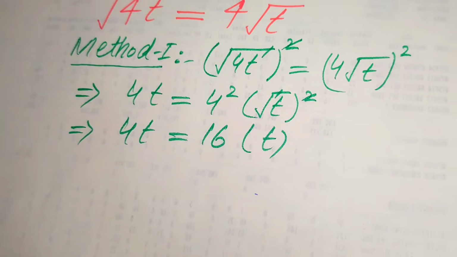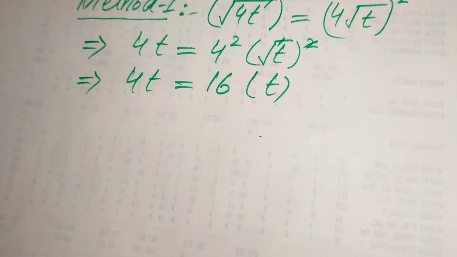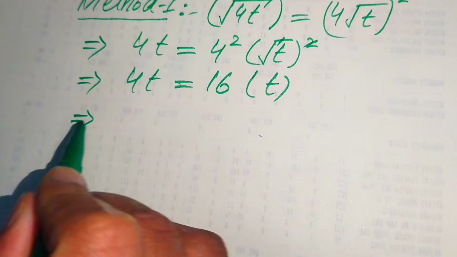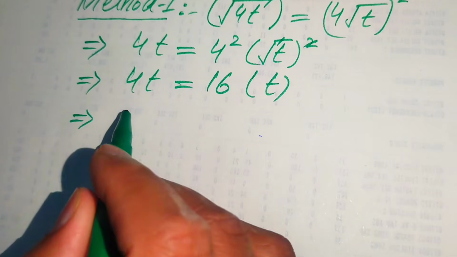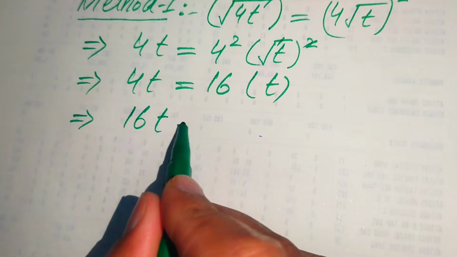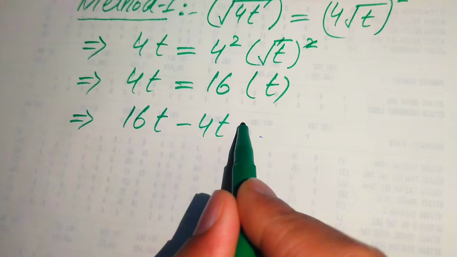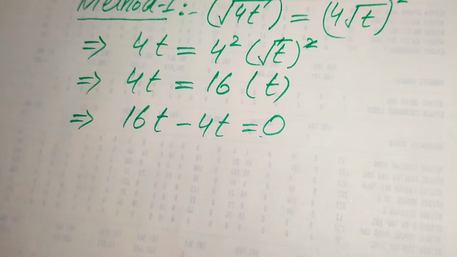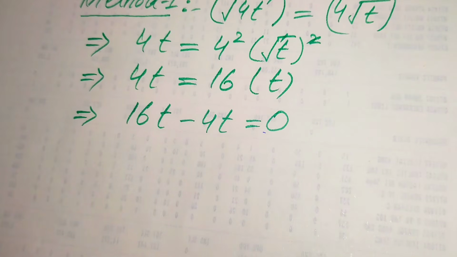Further, in the next step, we need more simplification. Now we move this 4t from the left hand side to the right hand side, and it will be written as 16t, and when we move it to the right hand side it becomes minus 4t, and this whole equation is equal to 0.